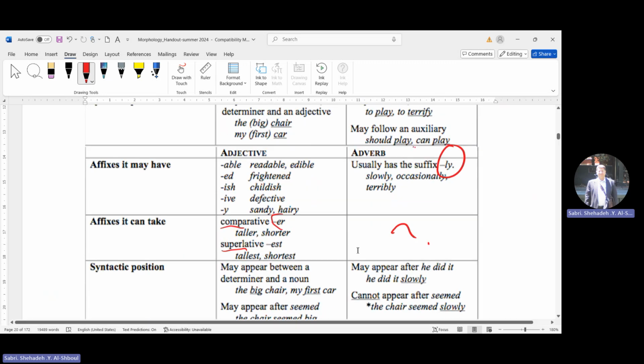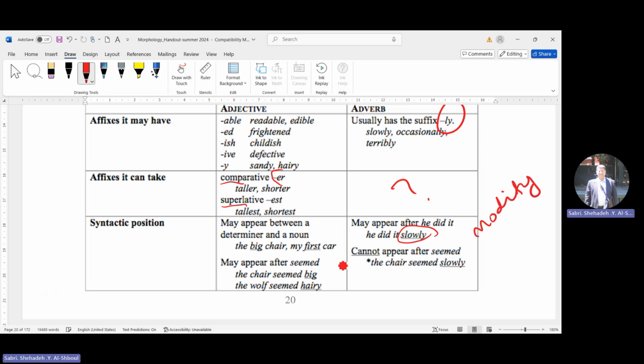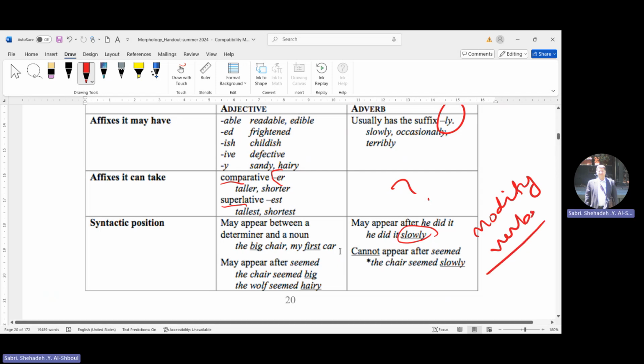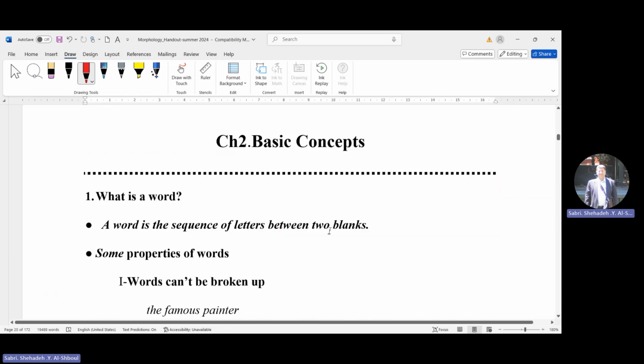While adverbs appear after the verb: he did it slowly. So as we know from grammar, the adverbs modify verbs, right? So this is very important. But not only verbs, they modify everything except for the noun, which is modified by the adjective. So this is typically the situation for the status of adjectives.